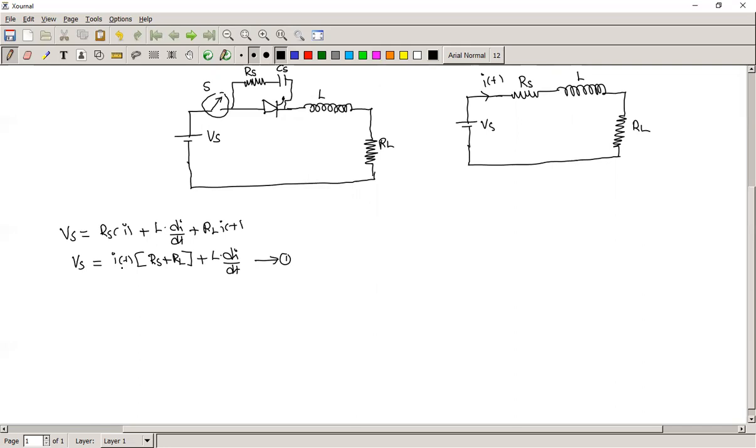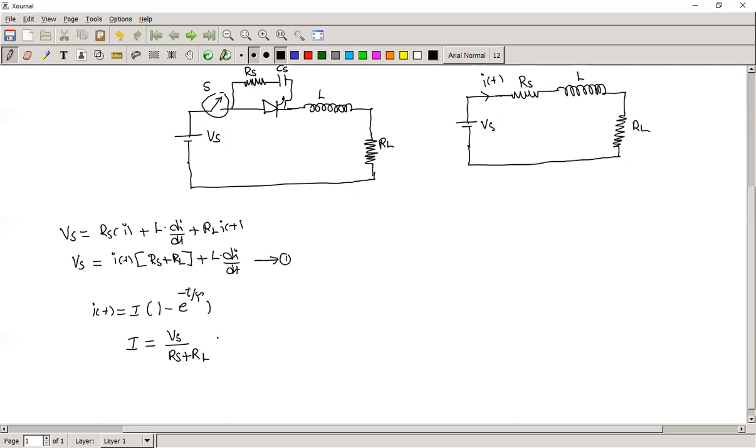Now for this equation, if you take the Laplace transformation and solve for I(s), and again take the inverse Laplace transformation, finally you get i(t) equal to I into (1 minus e to the power of minus t by tau). Here I equals Vs by (Rs plus RL).